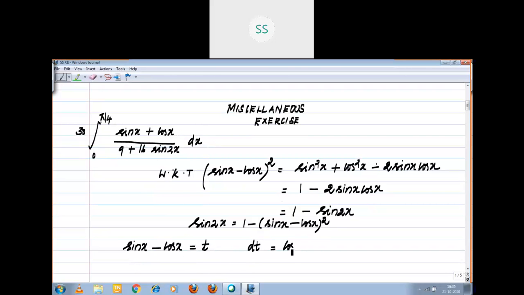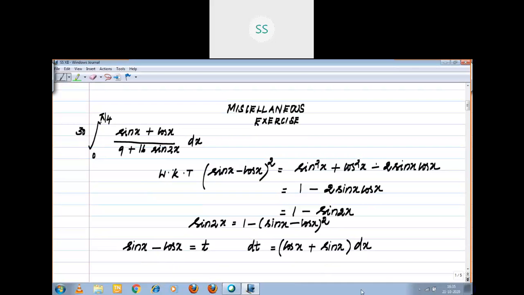Cos x. Cos x differentiation is minus sin x. So minus into minus plus sin x into dx. Got it, children? What I did?